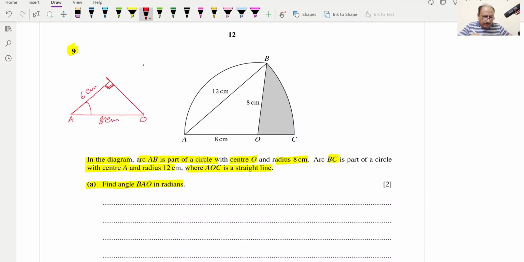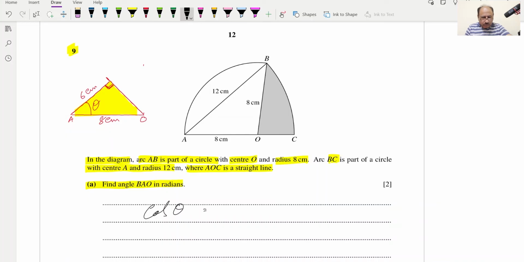In this triangle we can find theta, this theta value we require. We have adjacent and hypotenuse, so adjacent over hypotenuse is cos theta.